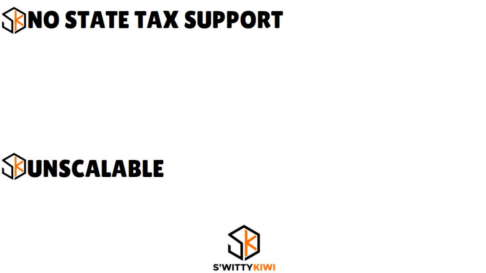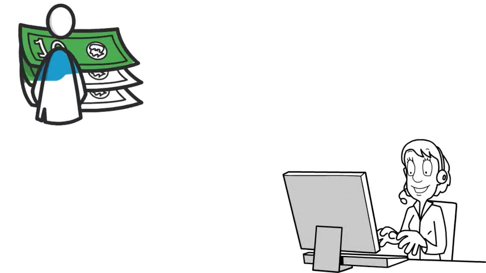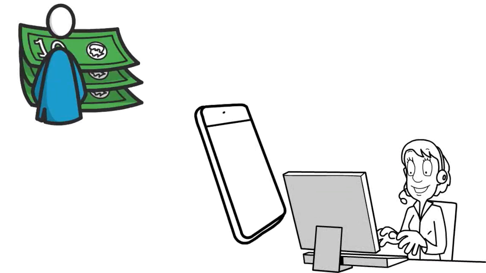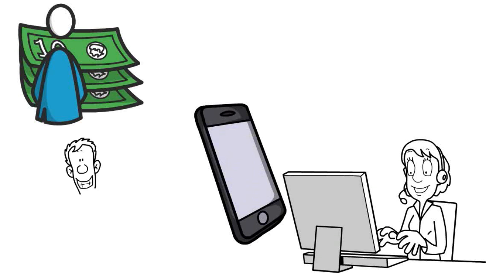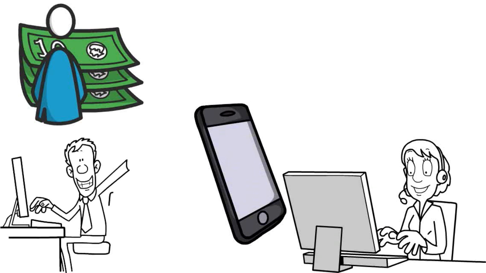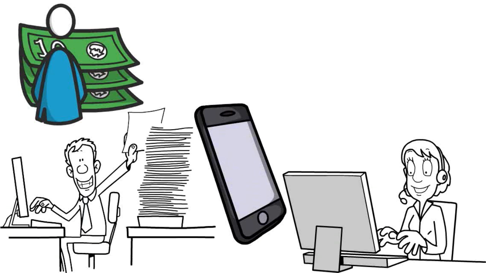QuickBooks Self-Employed is different from the other QuickBooks products in that it is not really accounting software. It is tax software created to help freelancers manage their finances. It's an easy-to-use cloud-based software with strong mobile apps. The features are designed specifically for freelancers to address needs such as estimating quarterly taxes, filing Schedule Cs, and tracking deductions.